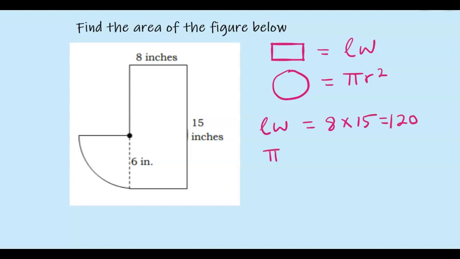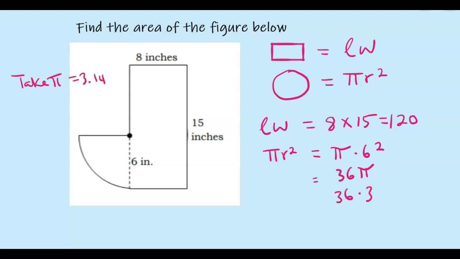And here, pi r squared. The radius is 6 here. So pi times 6 squared, which is 36 pi. We are taking pi to be 3.14. 36 times 3.14 gives us 113.04. This is just a quarter of a circle. Like a circle, you divide it into 4, you get this piece here.